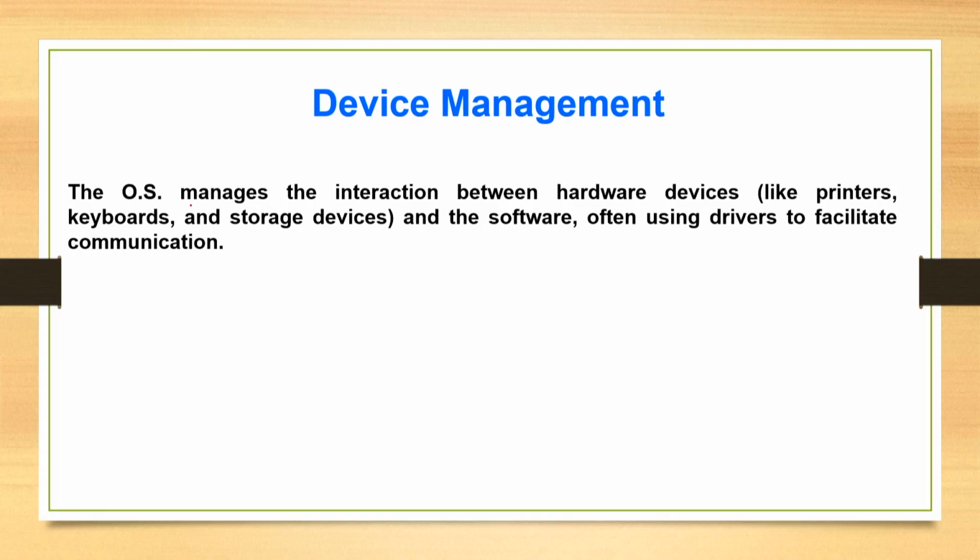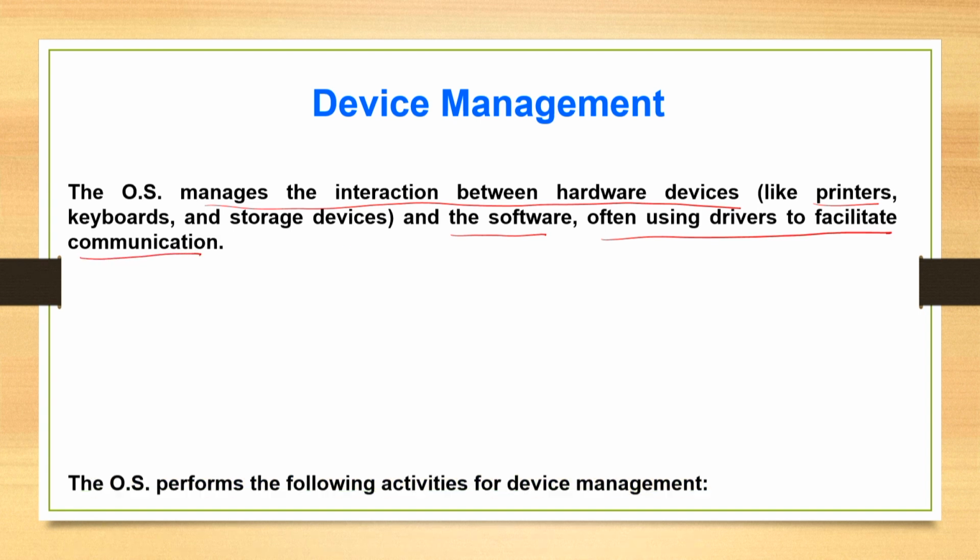The operating system manages the interaction between hardware devices, which may be a printer or anything, keyboards, that is input devices, and storage devices, and the software, often using drivers to facilitate communication.